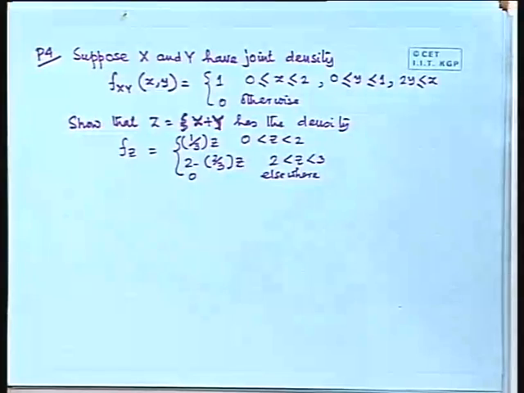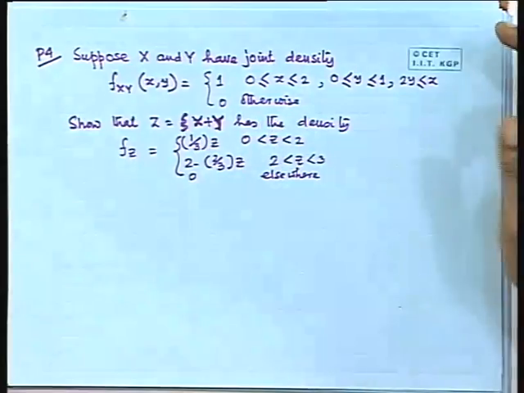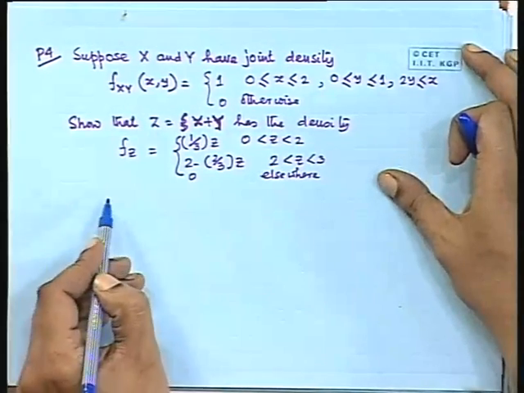Now we have another one. First read the problem. Suppose x and y have joint density fxy, characterized like this. So how does it look like? Looks like this.